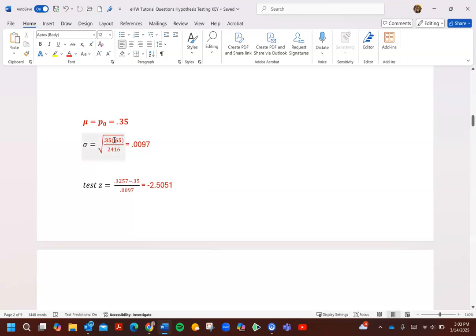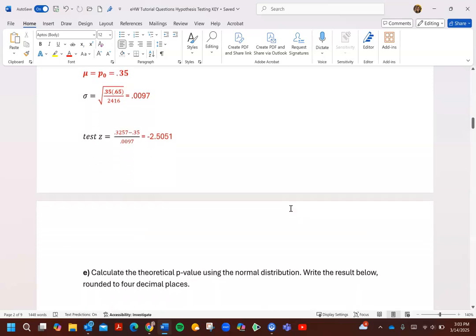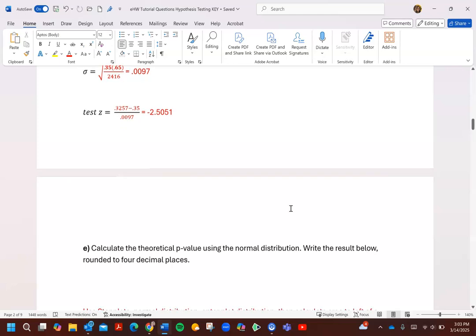You're going to use the given information from the null, that 0.35 times 0.65, but it is confusing because the n is taken from the sample, but not the p. We take that into account down here in the test z. So I have a feeling that that might be a common thing students tend to do. I've seen that. So just make a note of that.